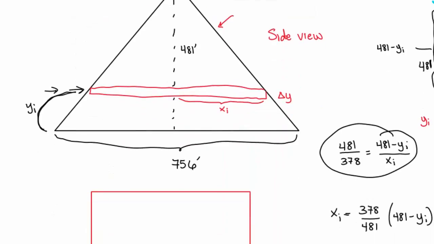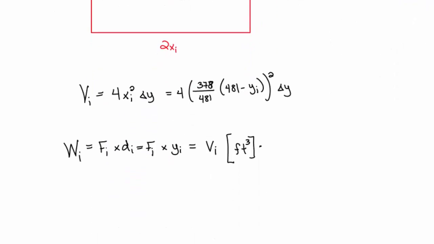So I know I'm lifting V sub i cubic feet, and each of those cubic feet is 150 pounds. So it's 150 pounds per cubic foot. That's the units. So if I did the cancellation there, I'd get pounds, sorry. And then times y sub i, and the units for our distance is feet. So if you look at that now, all those units will cancel to foot-pounds.